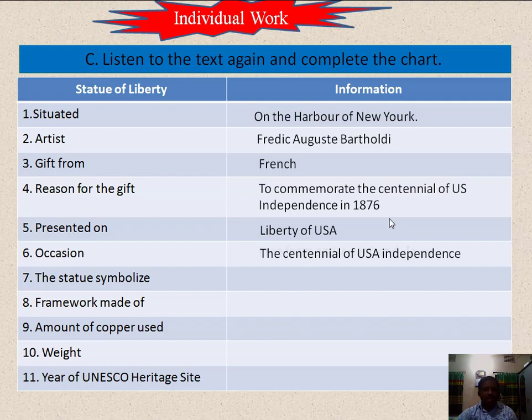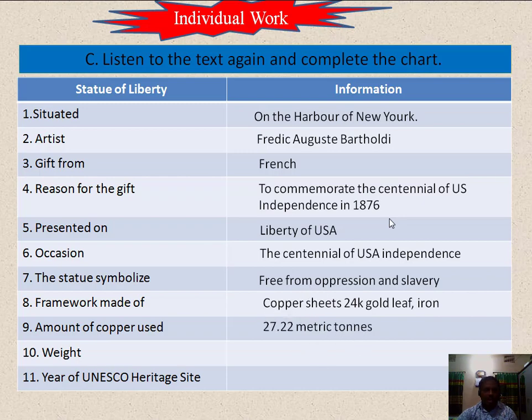The statue symbolizes freedom from oppression and slavery. Framework made of copper sheets, 24-karat gold leaf, iron. Amount of copper used: 27.22 metric tons. Weight: 204.1 metric tons. Year of UNESCO Heritage Sites: it was declared by UNESCO in 1984.